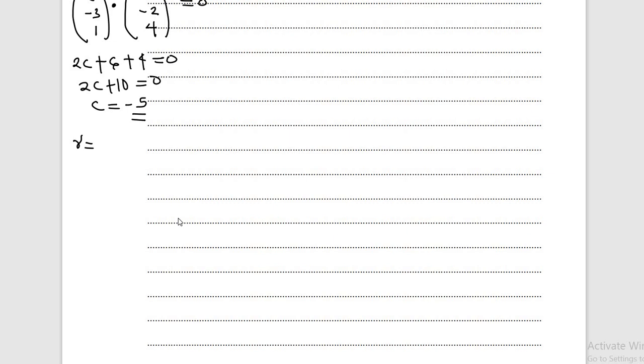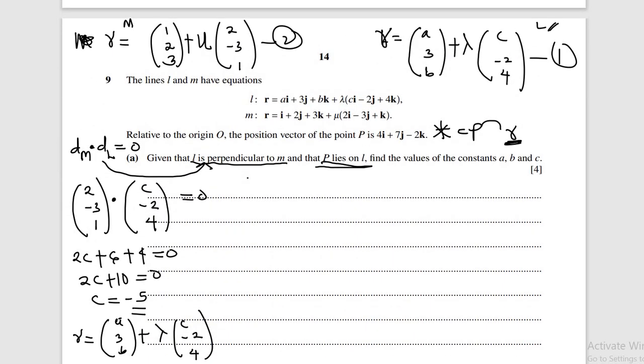Our L is the column A, 3, B plus lambda C, minus 2, 4, I guess. Let me check. This is A, 3, B, C, minus 2, 4.